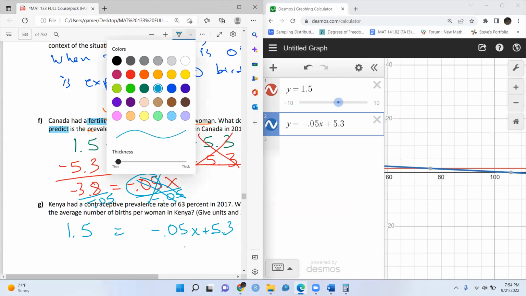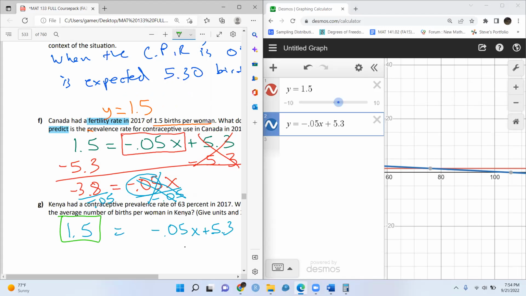And so what you do in Desmos is you take this side and write that as one equation, and take this side and write it as another equation.